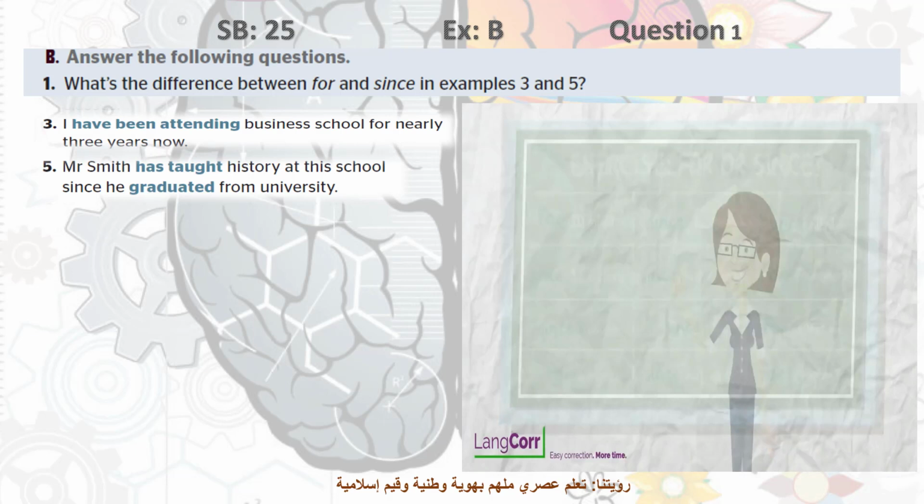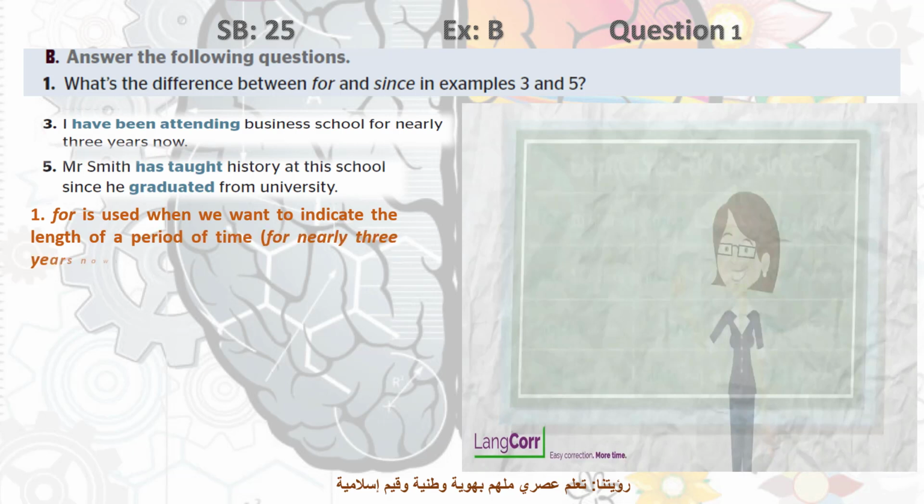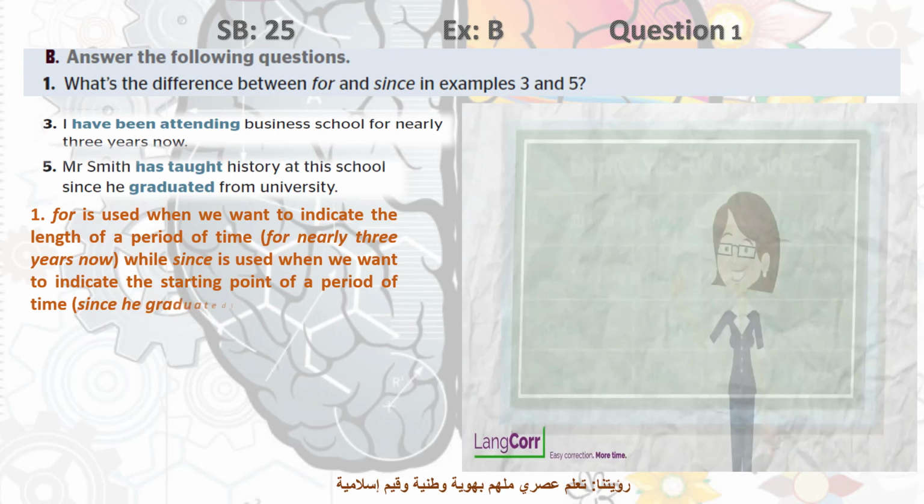An answer to this question could be, for is used when we want to indicate the length of a period of time, for nearly 3 years now, while since is used when we want to indicate the starting point of a period of time, since he graduated. I hope it's clear now.